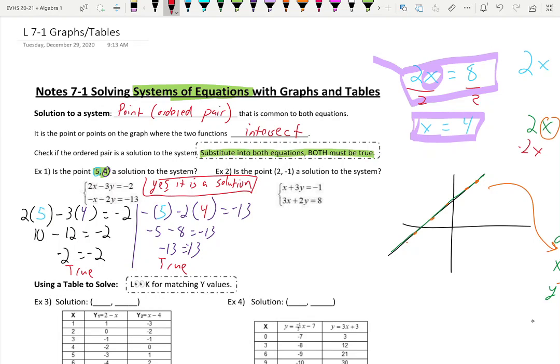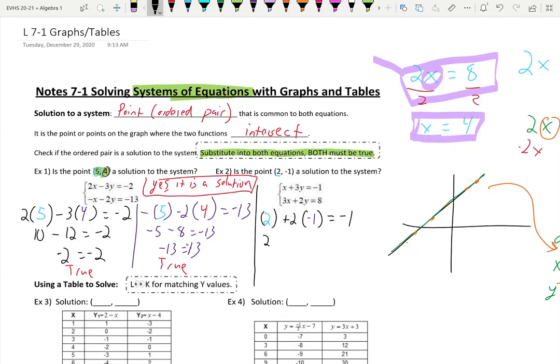Okay, now let's try our second one. Again, we're going to replace x and y both with a set of parentheses. And now let's go ahead and plug in. X is 2 in this case, and y is -1. So that gives me 2.